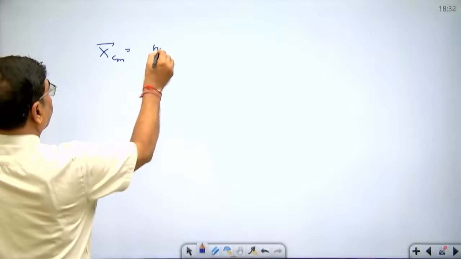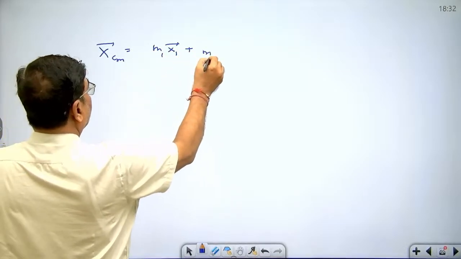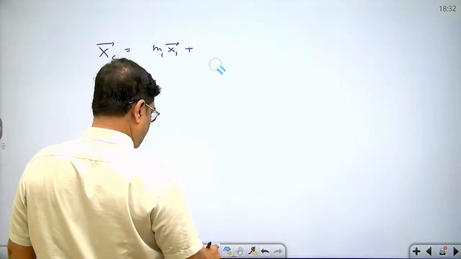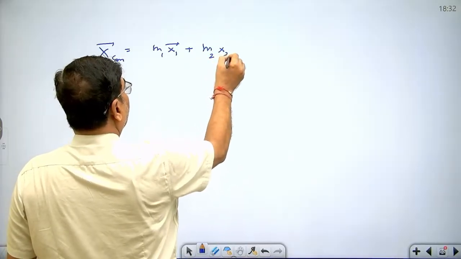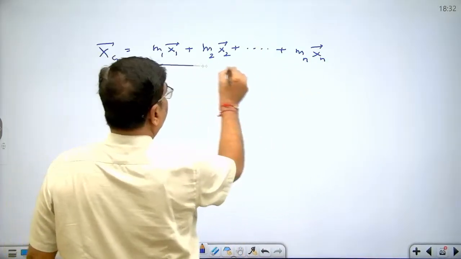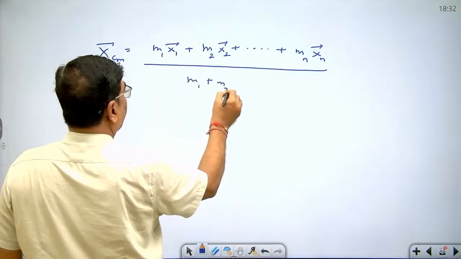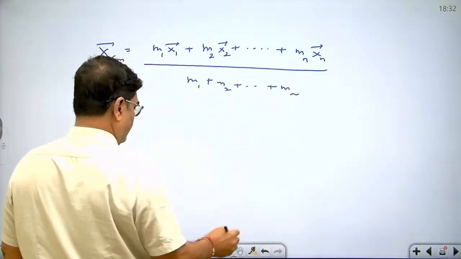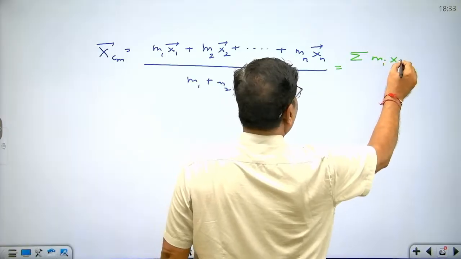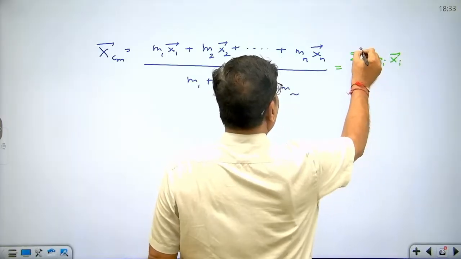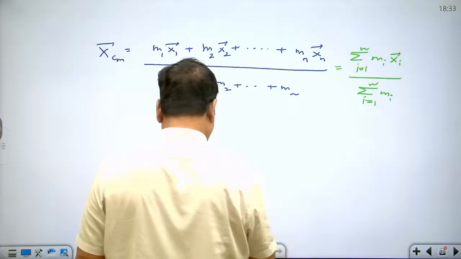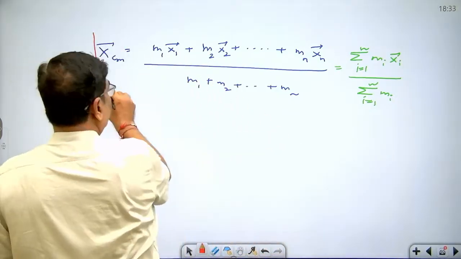The x coordinate of center of mass will be m1 x1 plus m2 x2 plus dot dot mn xn, divided by m1 plus m2 plus mn, equal to summation mi xi, i ranging from 1 to n, divided by summation mi, i ranging from 1 to n. This is XCM.